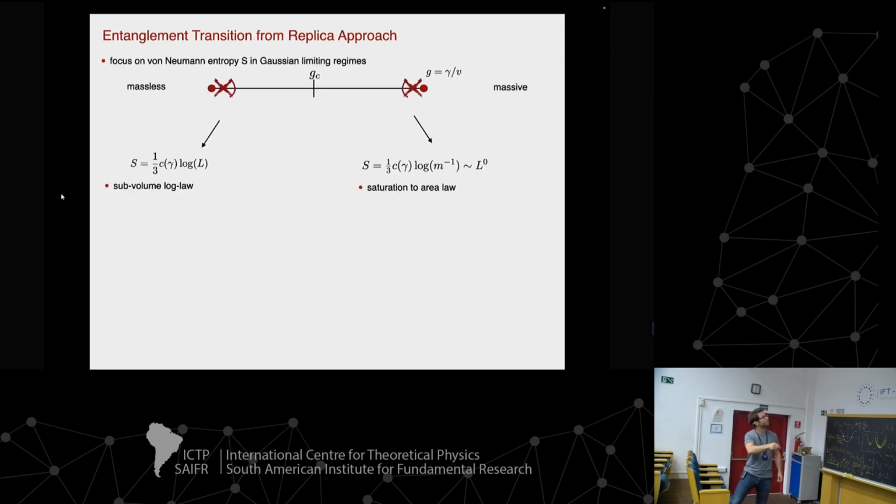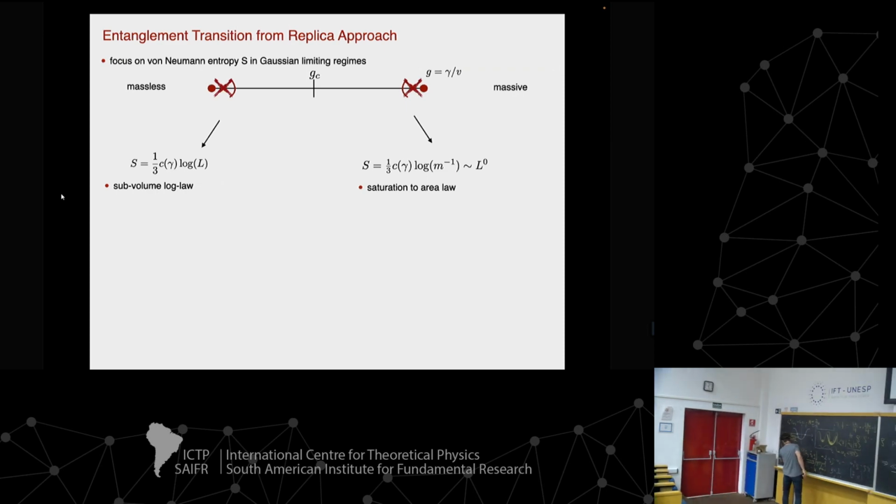If you then compute it, you find indeed the gapless regime of this problem, where the measurement nonlinearity is irrelevant. This shows exactly this logarithmic divergence of the entanglement entropy, while in this phase here, where the problem becomes massive, the entanglement saturates and we get just an area law.